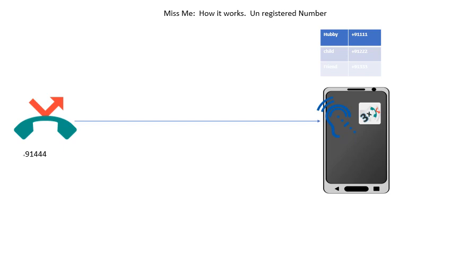Let's take a case where you get a call from number 91444, and when the call comes, the Miss Me app's background service is invoked. It checks with the database if the 91444 number is with the Miss Me app. It finds out that this number does not belong to Miss Me app and is not registered with it. So basically it ignores it. This is how Miss Me app works when the incoming call is from an unknown number.